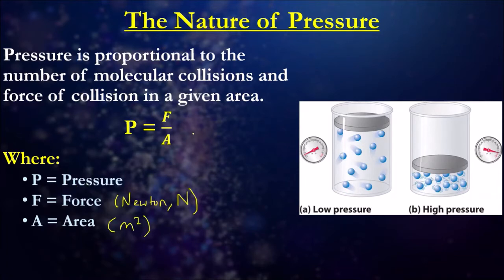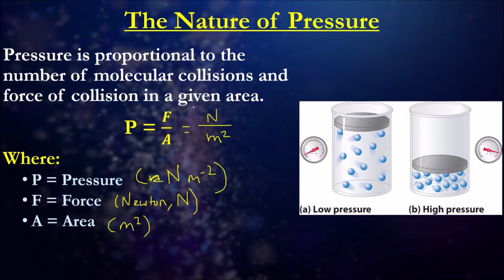So pressure is the same thing as saying newtons over meters squared. It'll be newton meters to the minus 2, and that's the technical SI units of pressure, though we do use different scalings.